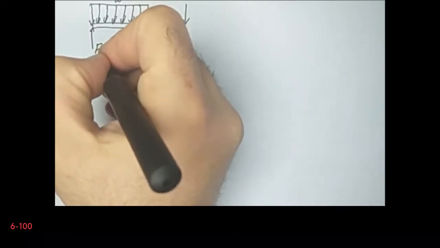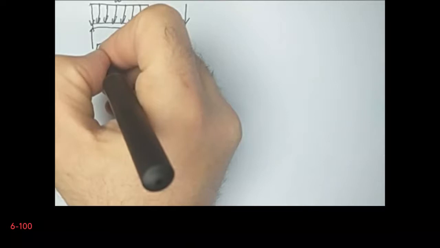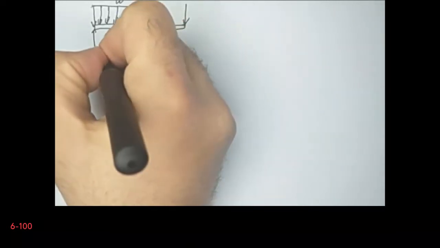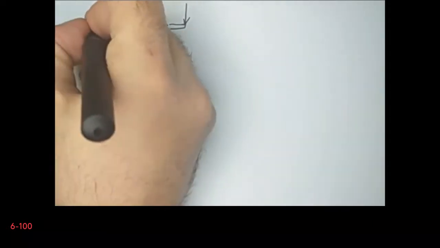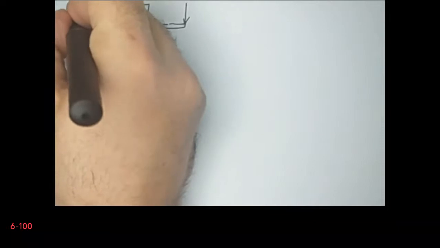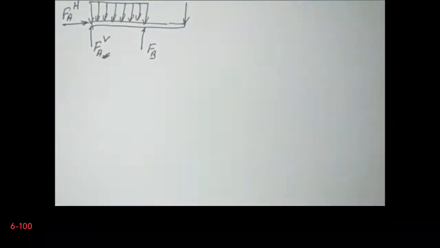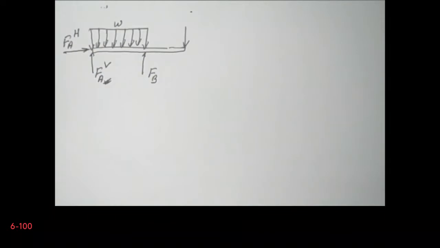One is vertical, and the other one is FA, horizontal. So we have two force components. This is our free body diagram.